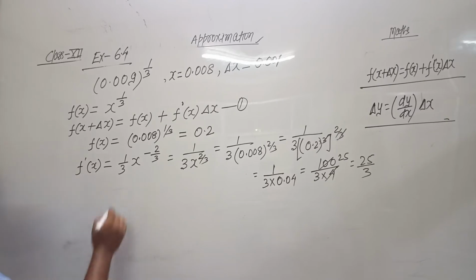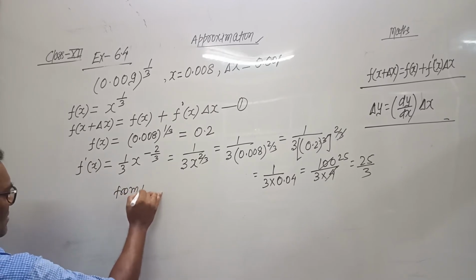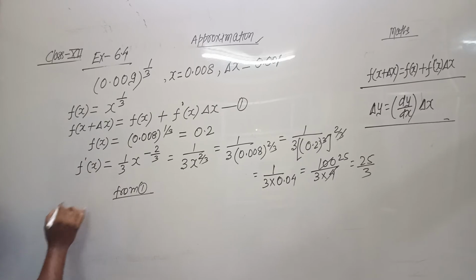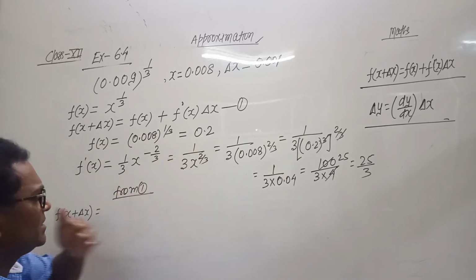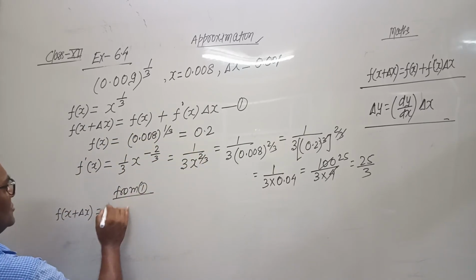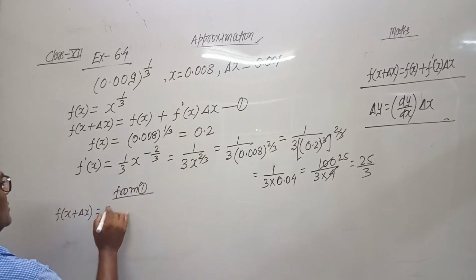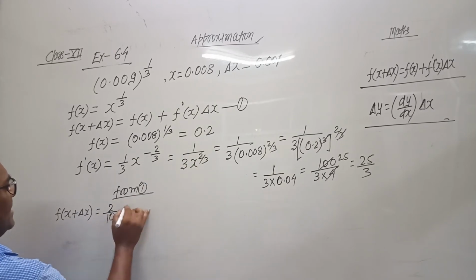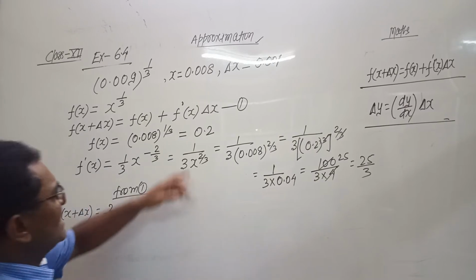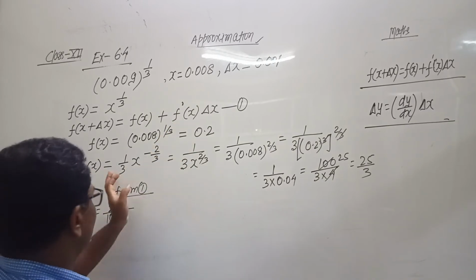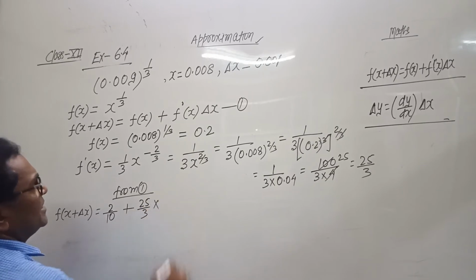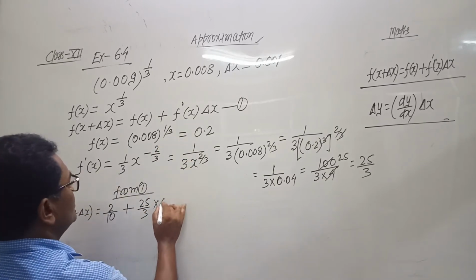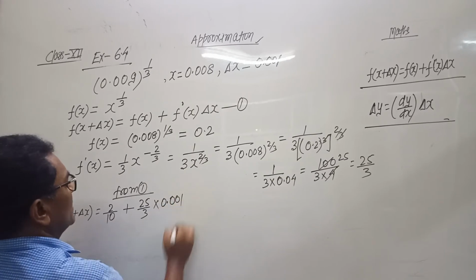Now from first, f of x plus delta x. The value of f x we have calculated is 0.2, and 0.2 is written as 2 by 10, plus f dash x, the value of which comes to be 25 by 3, into delta x, which is 0.001.